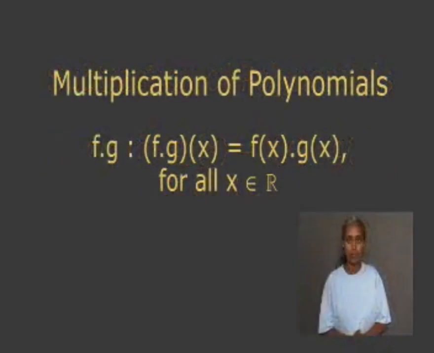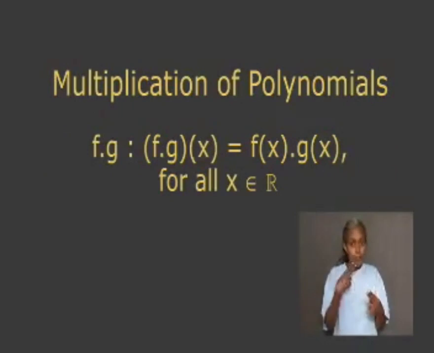To multiply 2 polynomial functions, multiply each term of one by each term of the other and collect like terms.